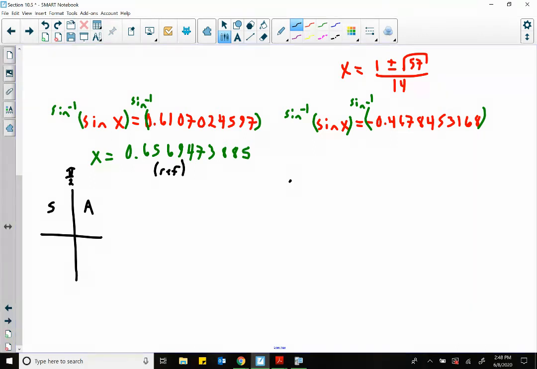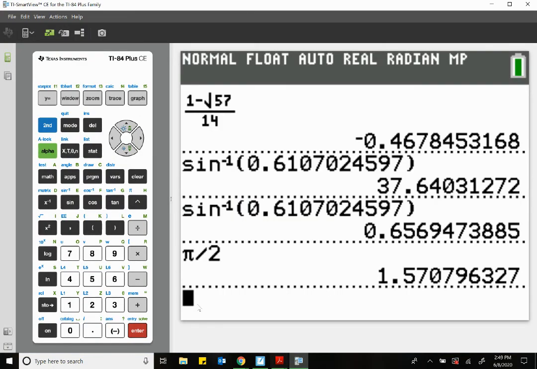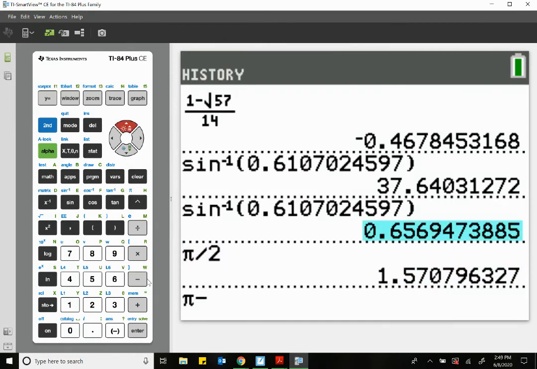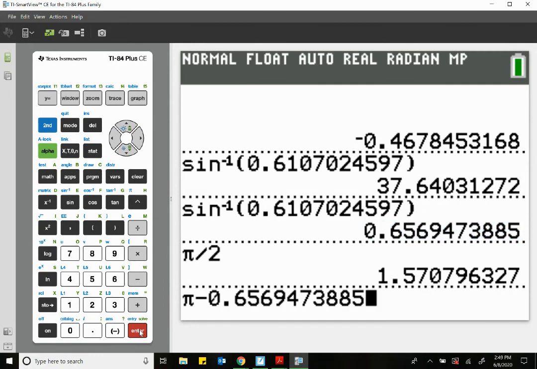So I've already told you how to find the quadrant 2 angle. All we have to do is take pi minus 0.6569473885. And so if you just go to your calculator and select pi minus, scroll up and grab that number, you don't have to do a lot of re-entering.